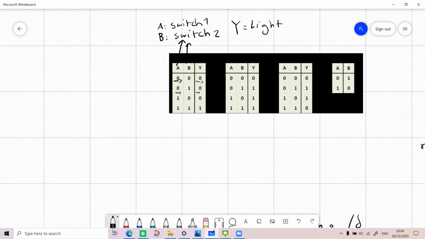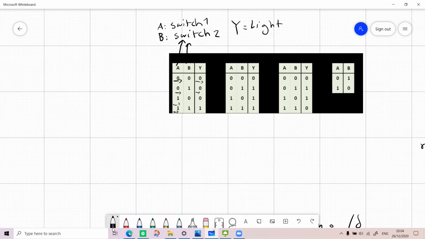So it seems that switch number 2 does not control the output directly. Let's move on to scenario number 3. Scenario number 3 is saying that when switch number 1 is on and switch number 2 is off, the output is off again.